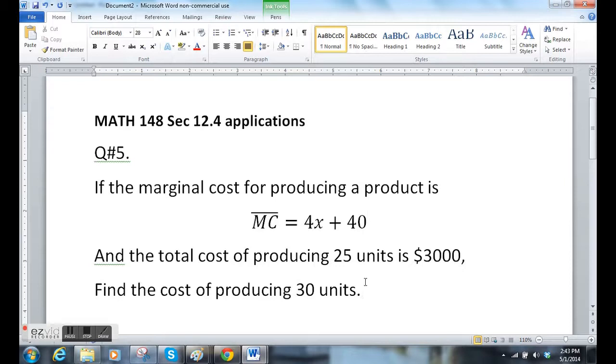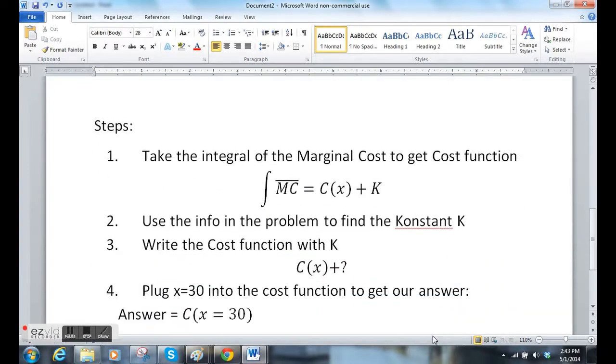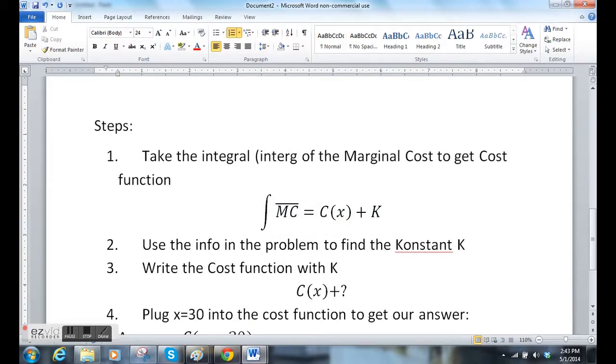We want the total cost of producing 30 units, and we're going to find that in stages. Step 1, we're going to integrate the marginal cost to get the cost function. That's going to give us this constant.